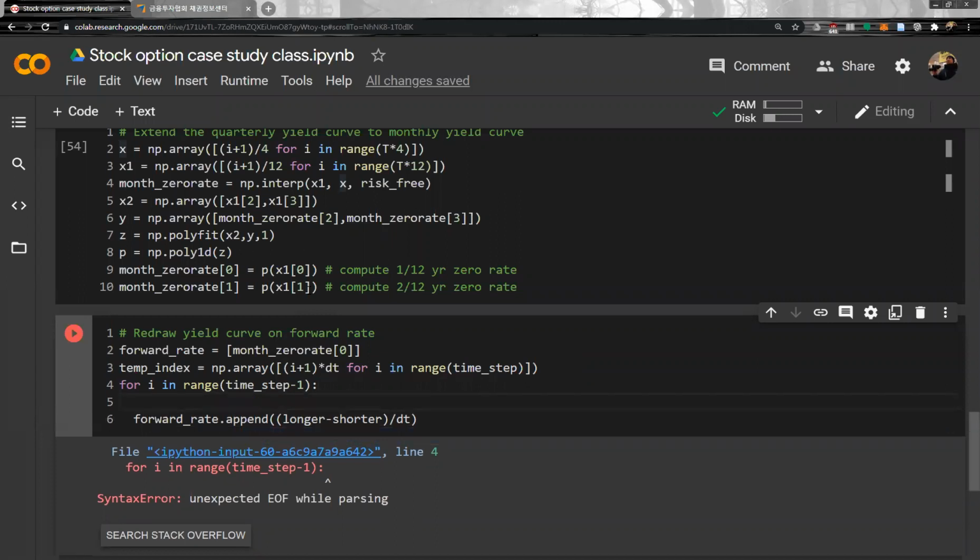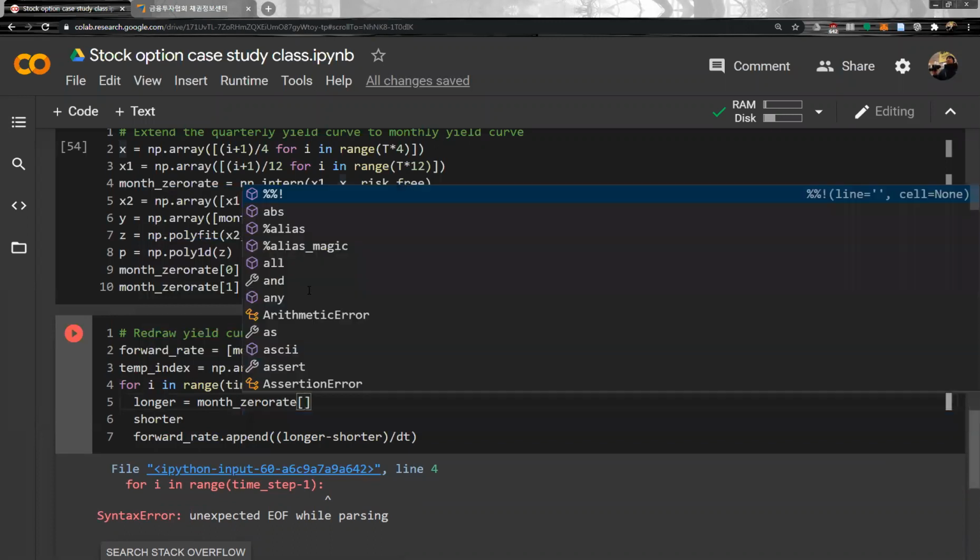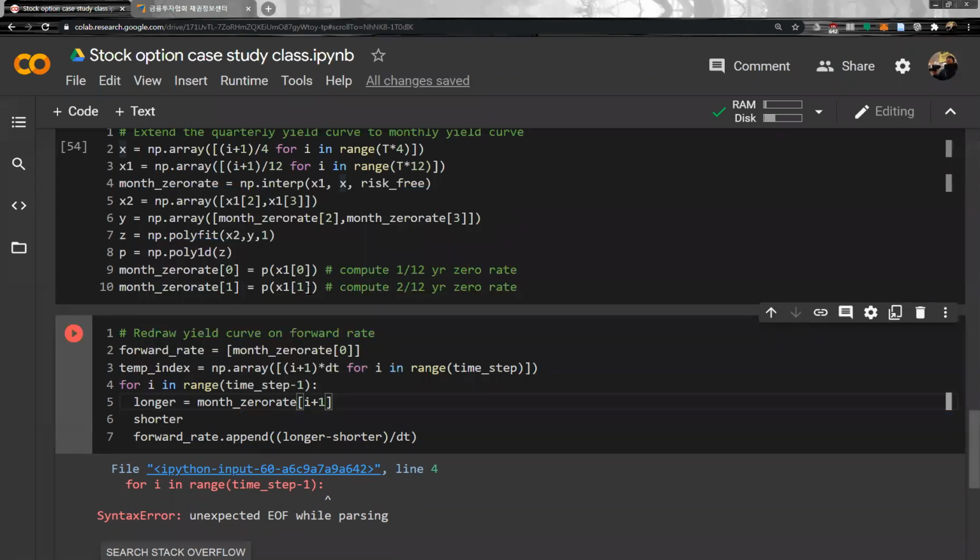Okay, and then we have to divide the longer rate and shorter rate. The longer rate is basically up to i plus 1, month zero rate i plus 1, and then multiplied by time index i plus 1.